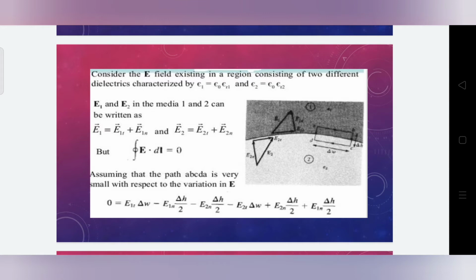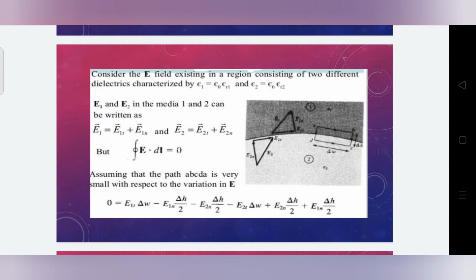The part number 1 is represented as epsilon 1 and E1. Epsilon 2 is equal to epsilon naught into epsilon r2. E1 and E2 in media 1 and 2: E1 is the electric field intensity in media 1 and E2 is the electric field intensity in media 2.